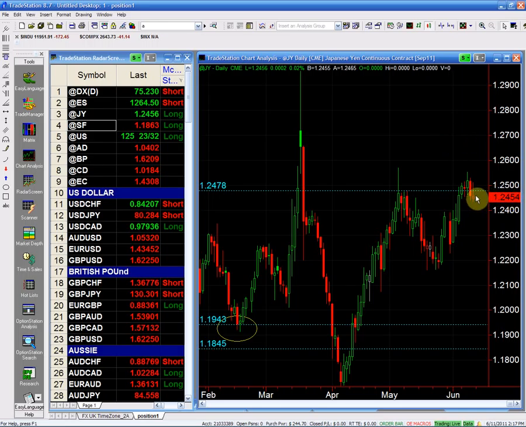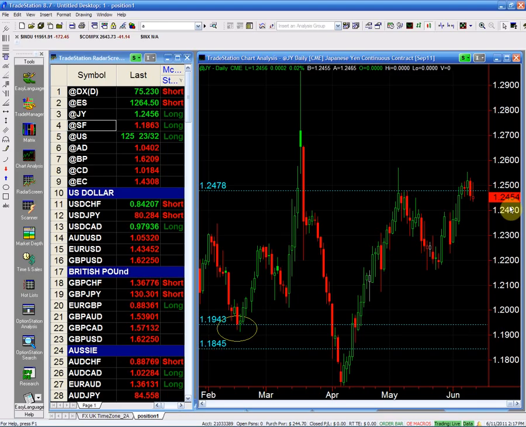It is weak. My bias is to the downside, but this close at 124.54 at least will make me neutral versus the yen. I'm not going to be that negative on the yen. So I'll just give it a 1-.